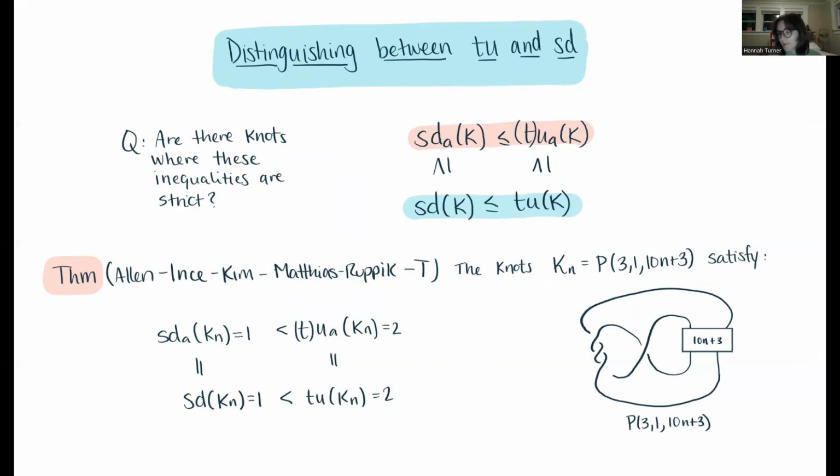These are half twists. And what we were able to show is that the Surgery description number of these knots is 1, and same for the algebraic version of the invariant, while the untwisting number is 2, and that's also the case for the algebraic version of the untwisting number.